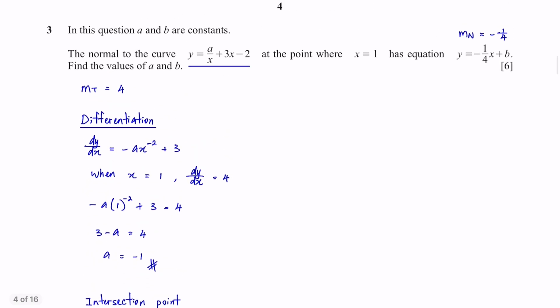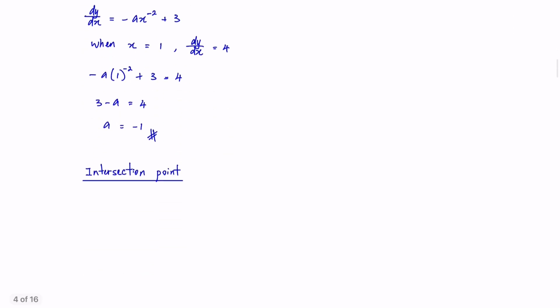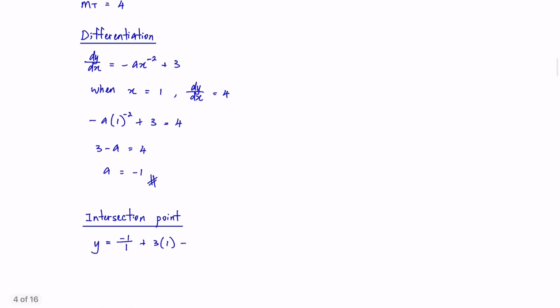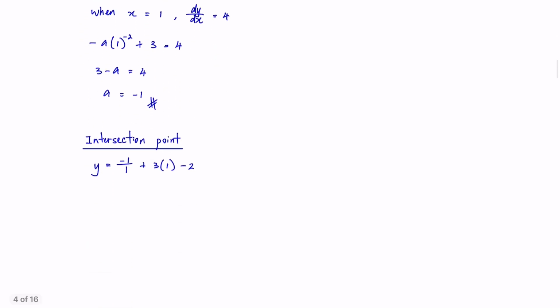So we use the intersection point method. So when x equals 1, the y value would be negative 1 over 1 plus 3 times 1 minus 2. And this would be 0.